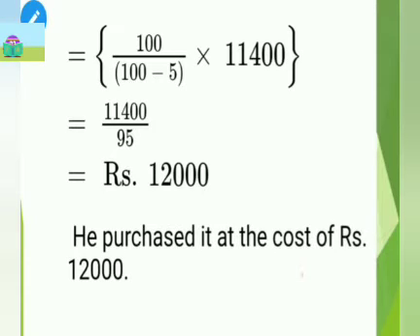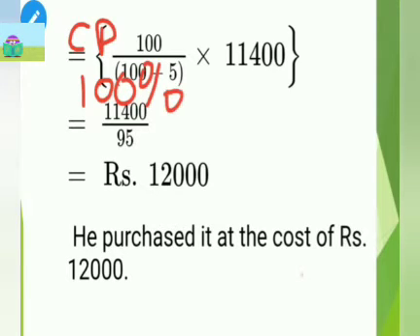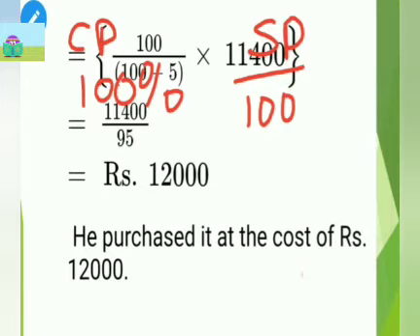If we want to solve the same question with another method, what you will do here is, CP is 100%. And the selling price percentage will be how much? It will be 100 minus 5%, which is equal to 95%.